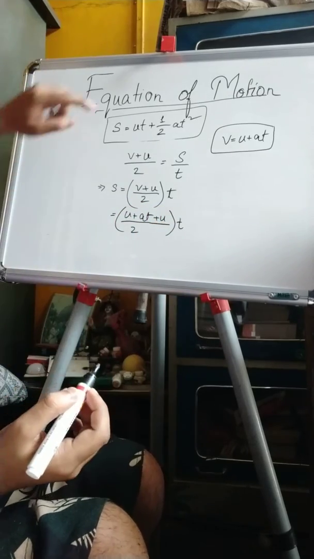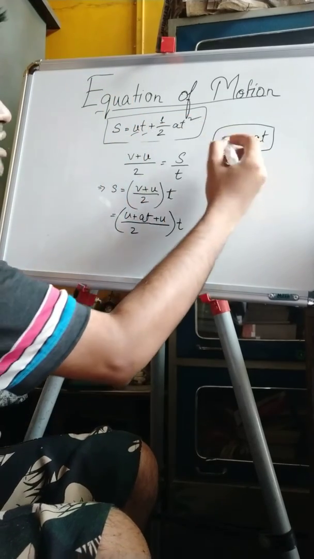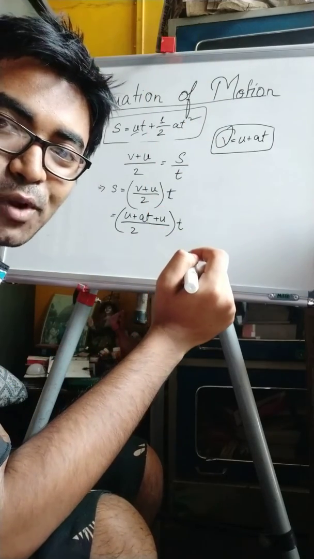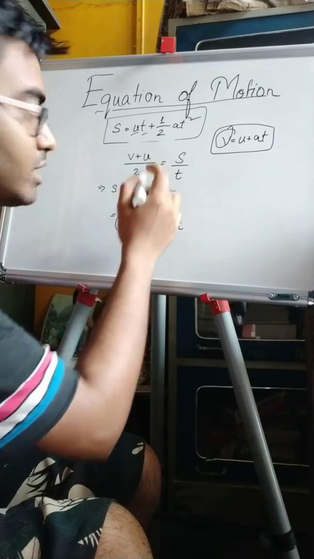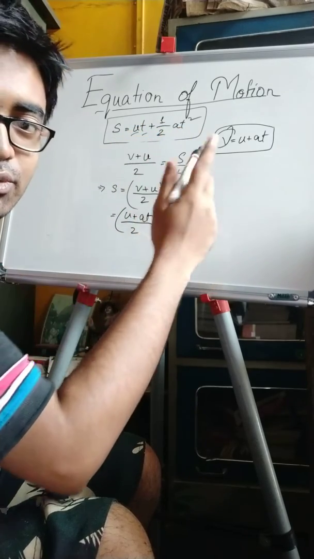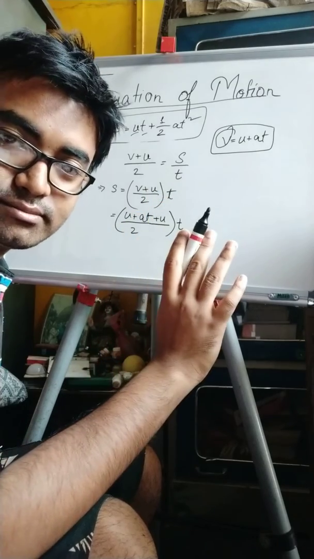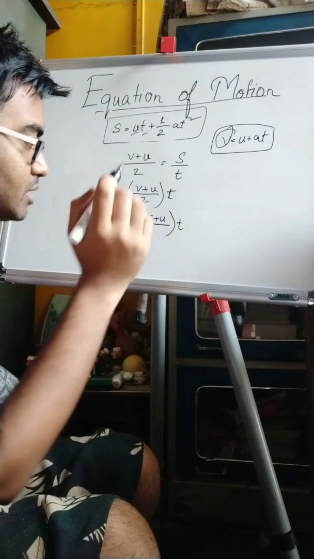It is because in this formula we require ut. There is no place for v. V should be kicked out from the formula. If v is available, then we cannot reach this formula. We need to throw v out. So, now, u plus at.